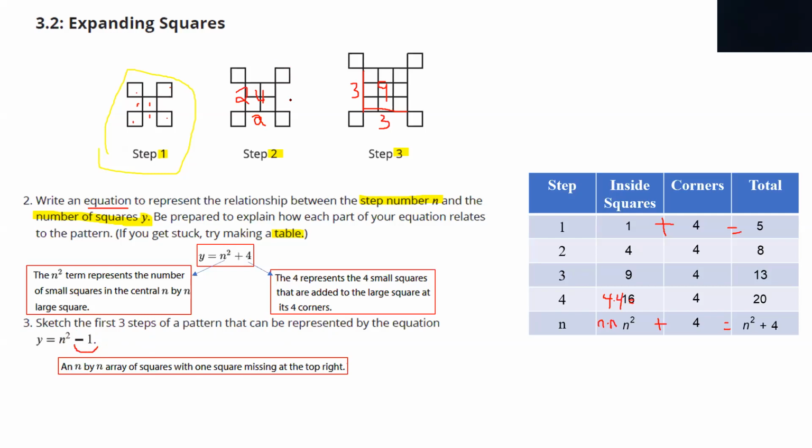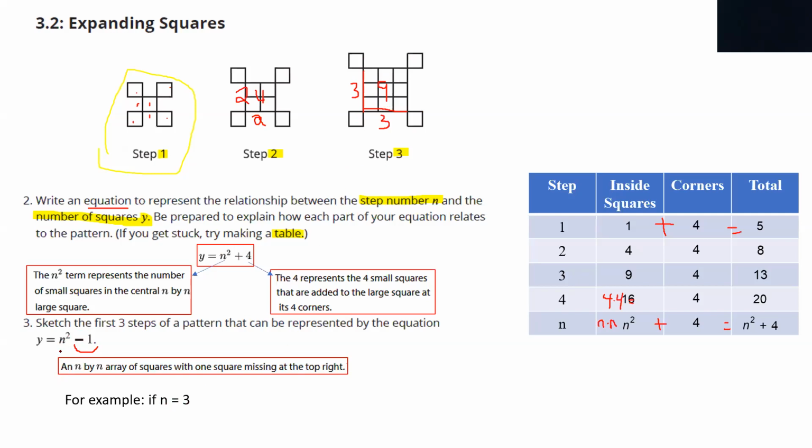If you look at these patterns, we know that the N squared represents the number of squares in the center of the figure, and the plus 4 represents the 4 corners. Well, in this equation, we have a minus 1, which means we're taking one square away from the N squared, the center. So an example would be if I have N equals 3, meaning step 3.